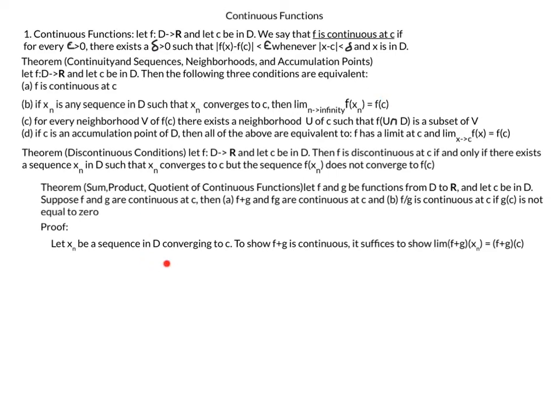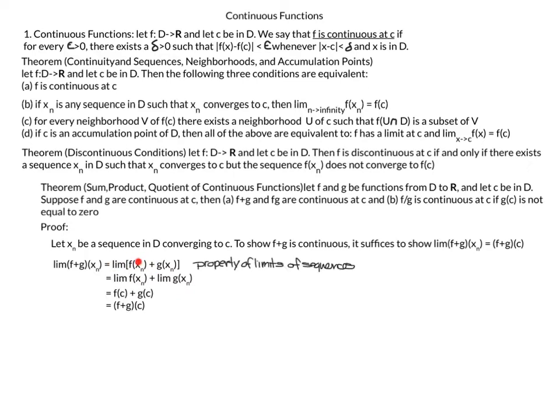So let x_n be a sequence in d converging to c. To show that f plus g is continuous, it suffices to show that the limit of (f plus g)(x_n) is equal to (f plus g)(c). We can take our limit of (f plus g)(x_n), and split it up into the limit of f(x_n) plus g(x_n). And this comes from our properties of limits of sequences.